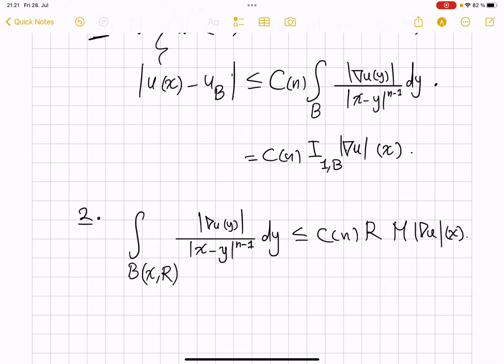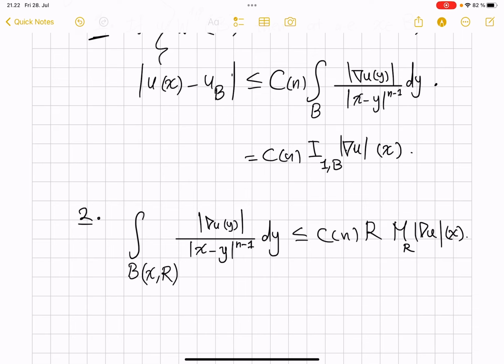But note that we actually have a bit stronger inequality, where we have a truncated maximal function, where we take the supremum over r positive and less than capital R of integral averages over balls of that function. So this is, by definition, the truncated maximal function M_R of some function here, gradient u, and the center is always x. That's the definition of the maximal function M_R.